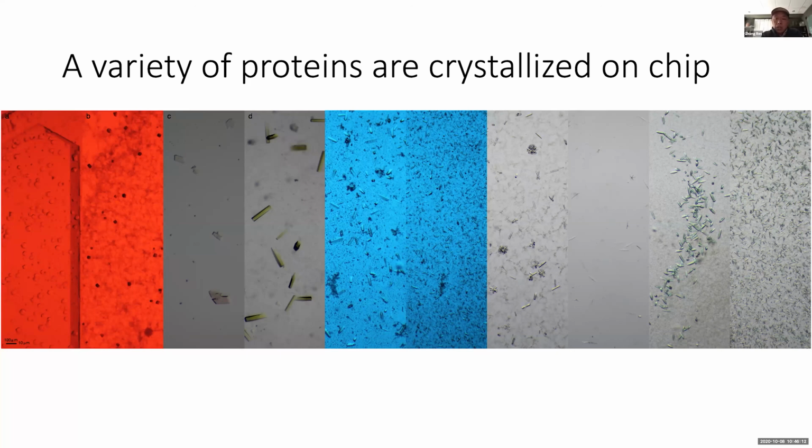The Z-cut means the normal to the surface is the trigonal, the threefold axis of that quartz crystal. In the semiconductor industry, this is called the Z direction, the Z-cut. It's commercially available, so that's not a problem.